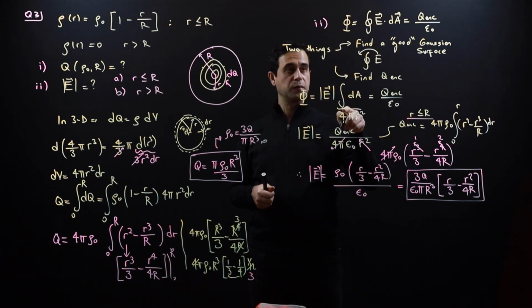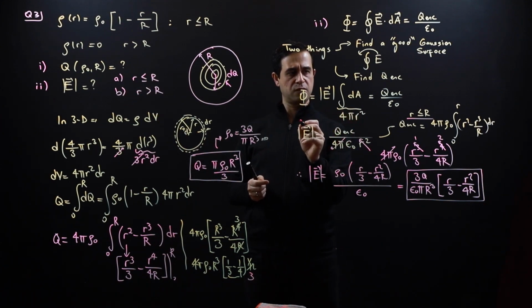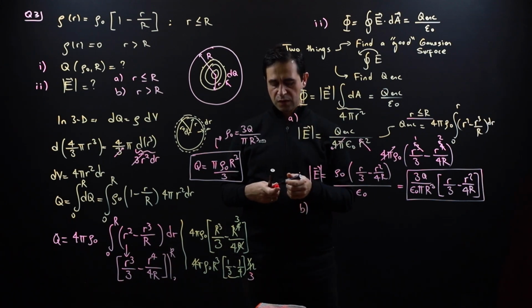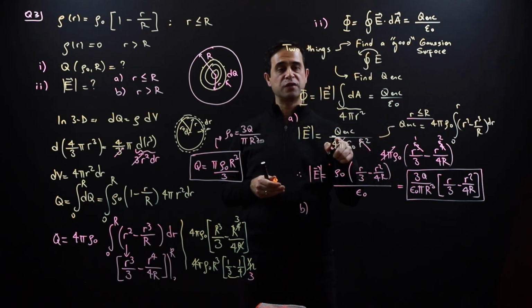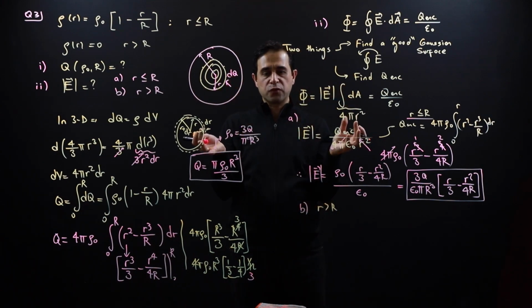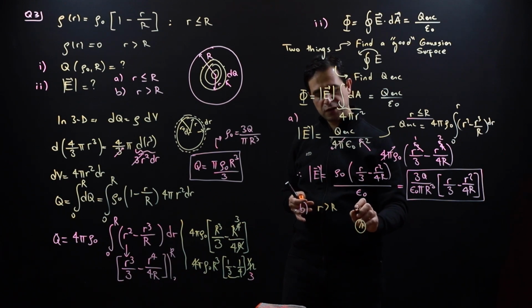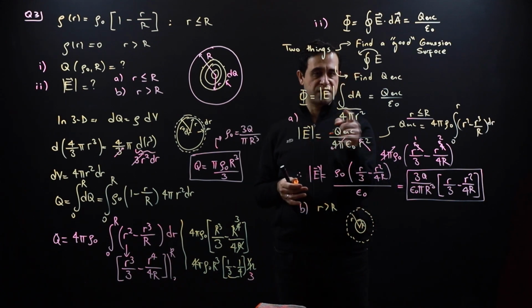And now the second part, that was A, and let me even put A in here, right? And for B, it's actually simpler because I already know what this Q enclosed is for r bigger than R. This will be the sphere with capital R. And now I'm going to take a Gaussian surface, which is outside, where small r is bigger than capital R. Now, again, the same equation is true.